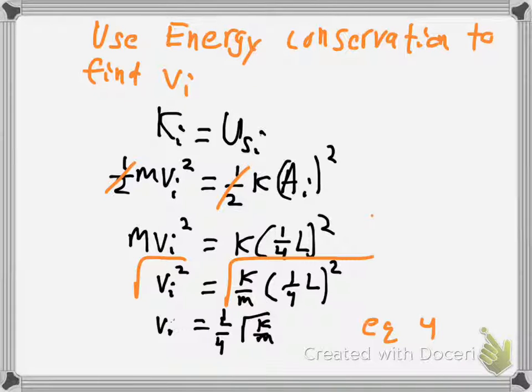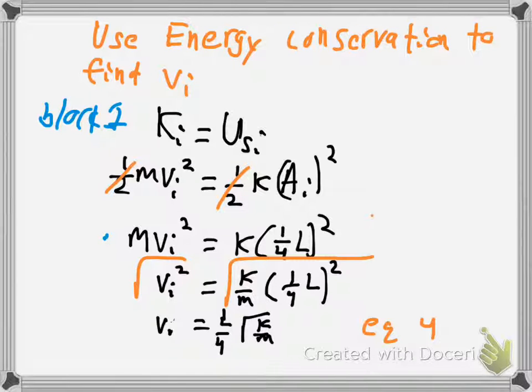We're going to use conservation of energy to find basically the velocity in terms of other variables that relate to the spring. So going back to block 1, the reason why we're going to block 1 is because we need a substitute for v1 initial. If we look at block 1 before the collision, the initial kinetic energy is equal to the initial spring potential energy. Set those equal to each other. The 1/2s cancel out.